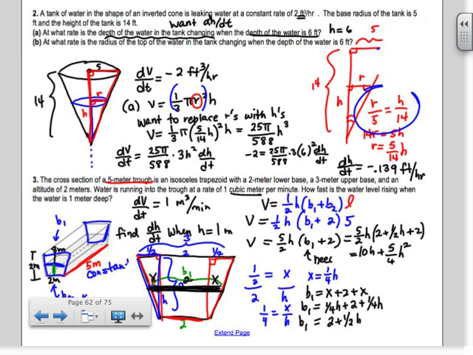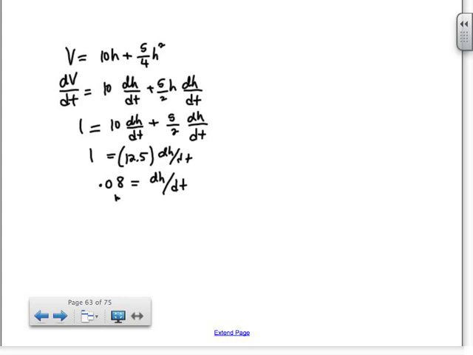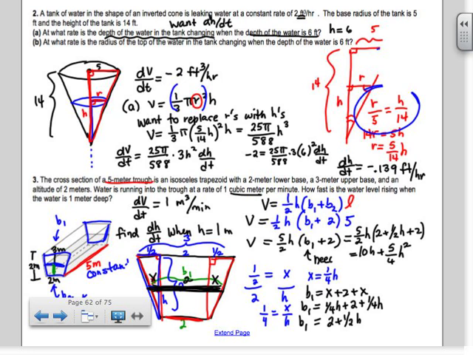So 0.08. Okay, since that's an exact answer, you don't need the 0.080 to have 3 decimal places. You just need the 2 since it's exact. And your units were in meters per minute. So your height is changing at 0.08 meters per minute.